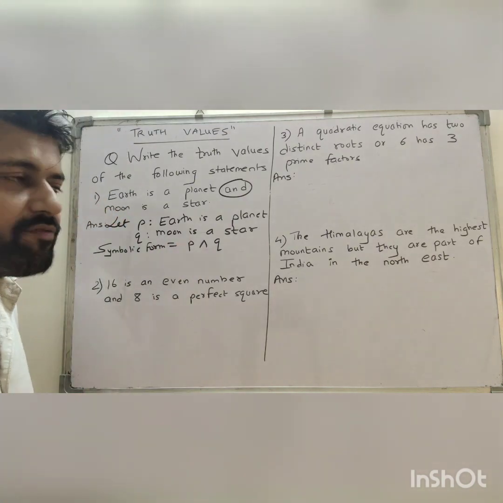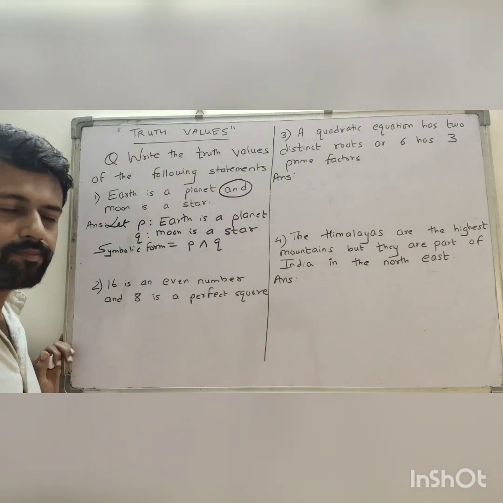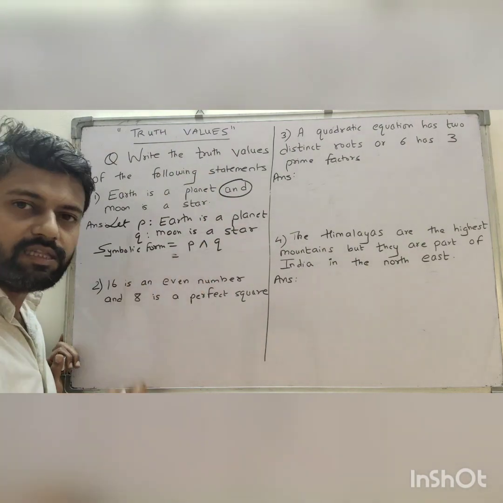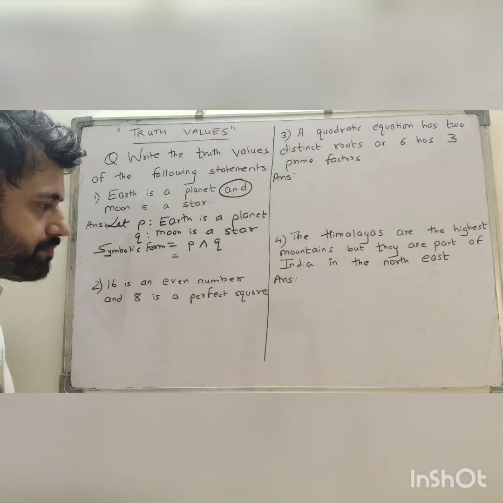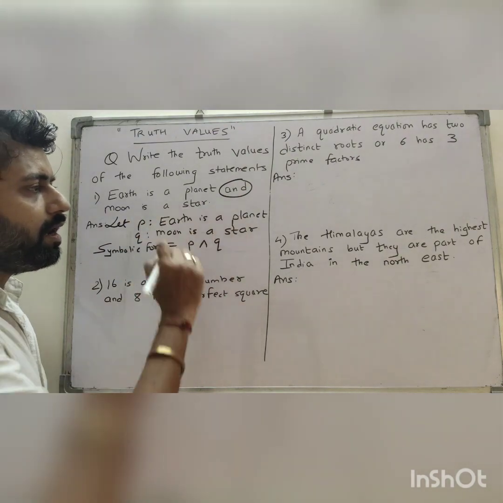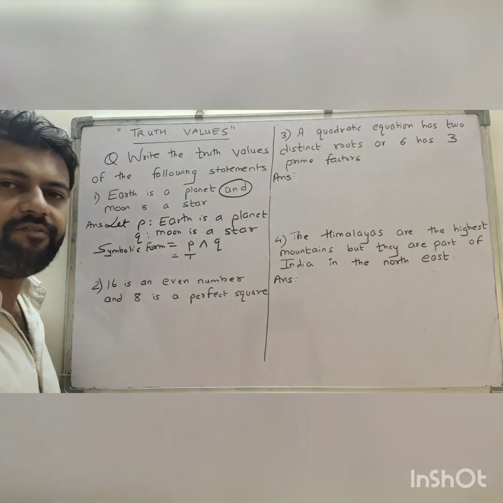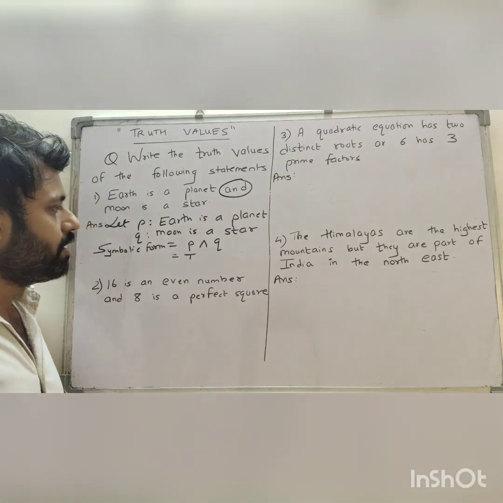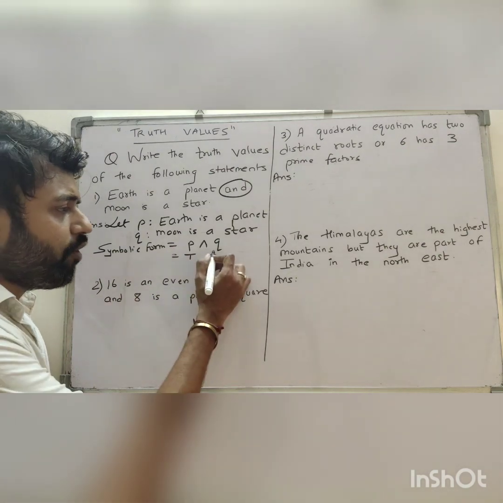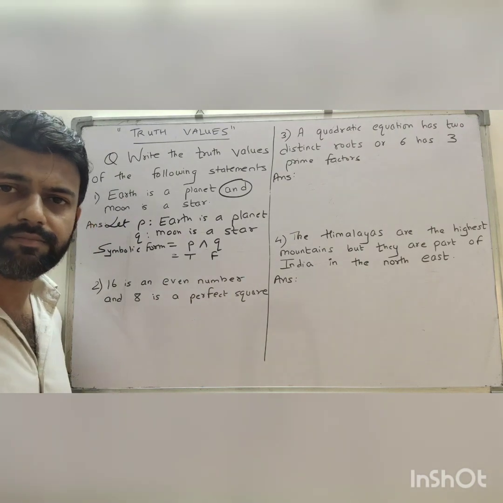Well, this is not the answer. We are asked to find the truth value. This is how we continue further. Now the statement P, Earth is a planet, is a true statement. We all know that. Moon is a star is a false statement because Moon is a satellite.